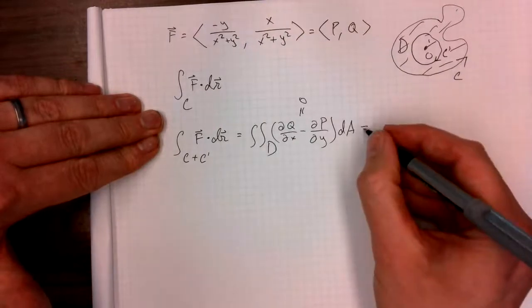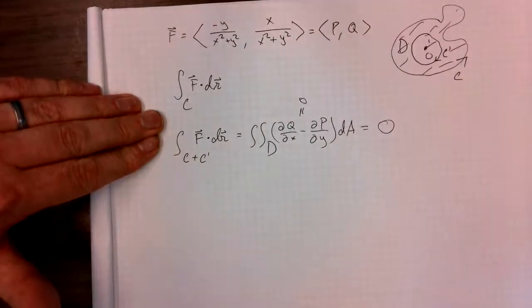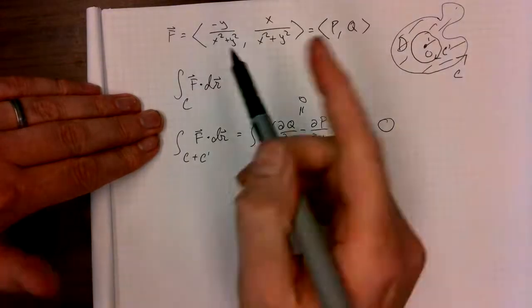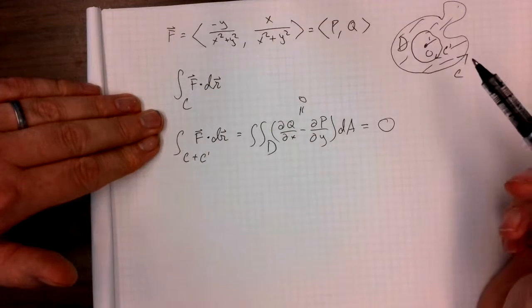And so what you'll get is 0. It's because f is an irrotational vector field.